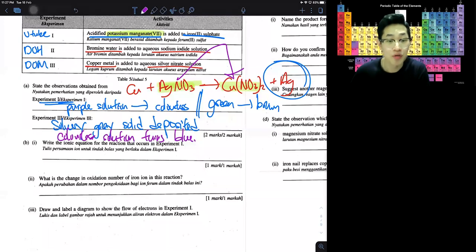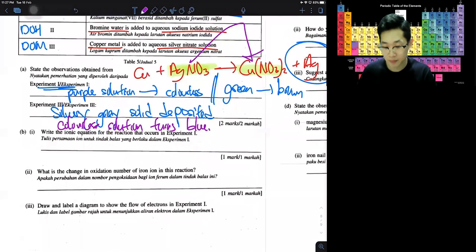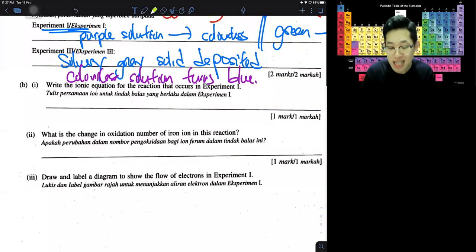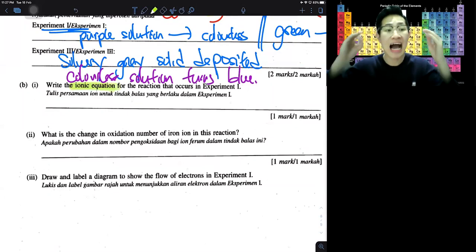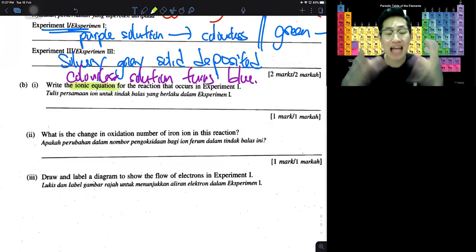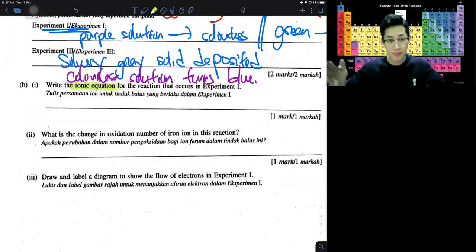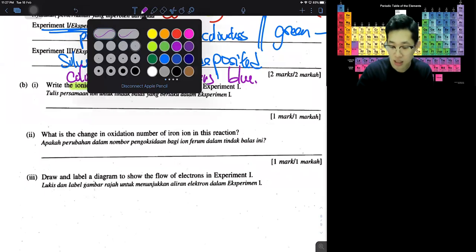Ionic equation for the reaction that occurs in experiment 1. When they say ionic equation, that means the whole thing. Unless they mention half. Only when they say half, you write half. When they say ionic equation, it equals everything. So that means you got to write both.